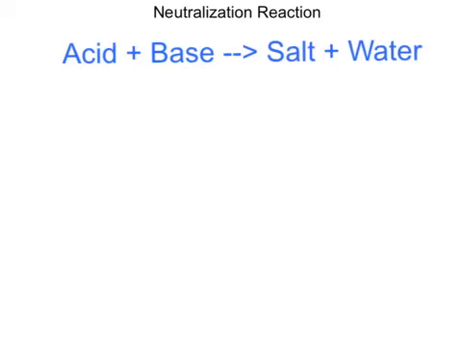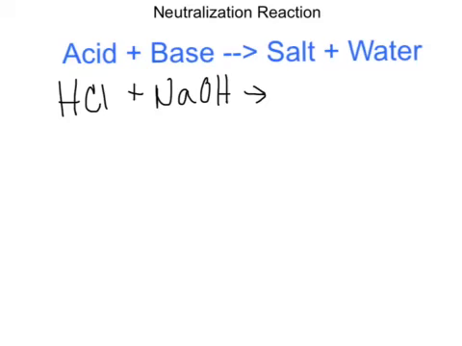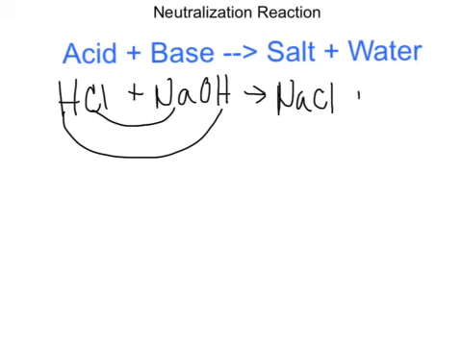An example of this would be if we took hydrochloric acid and sodium hydroxide, a strong acid and a strong base, and in an exchange or metathesis reaction, we would have the sodium and the chlorine forming sodium chloride, and then the hydrogen and the hydroxide forming water.